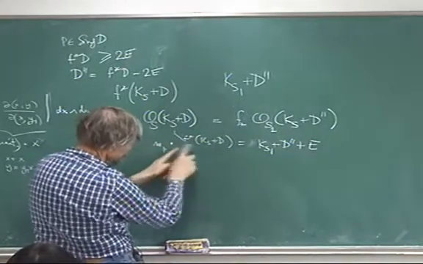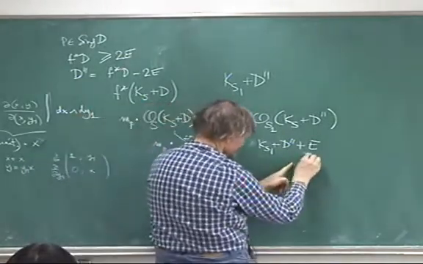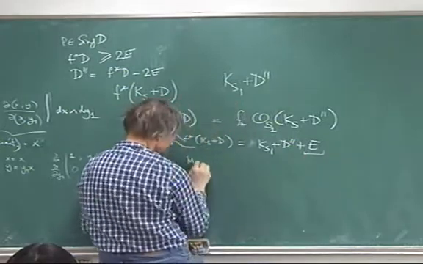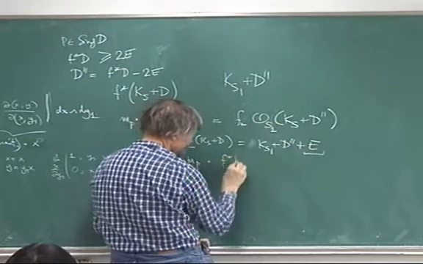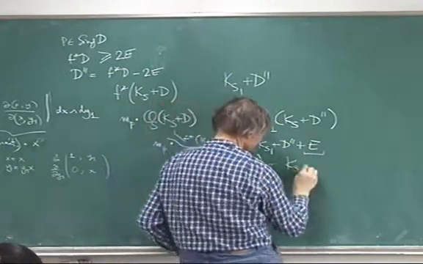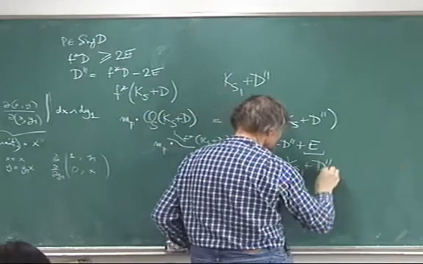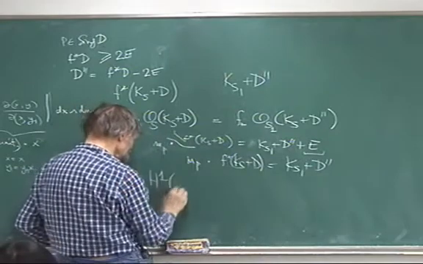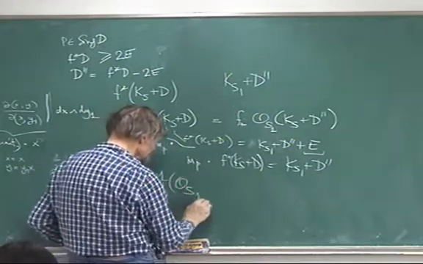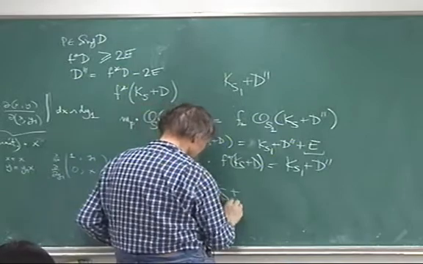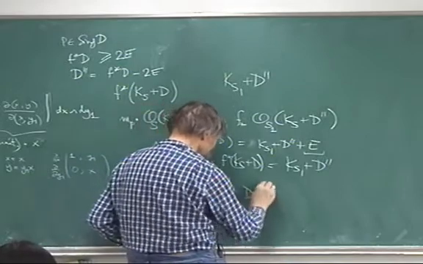Now I take MP times it, then I just kill this E. Right? So MP times f upper star of Ks plus D is Ks1 plus D double prime. Right? And so it's enough to show that H1 of OS1 of Ks1 plus D double prime is 0.